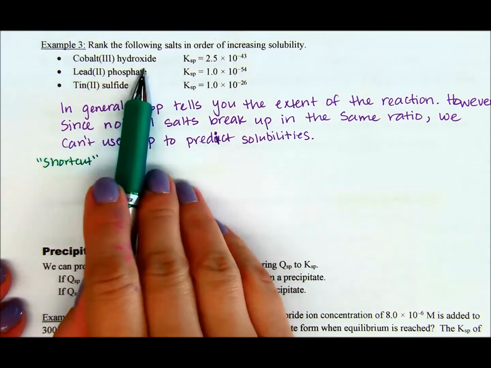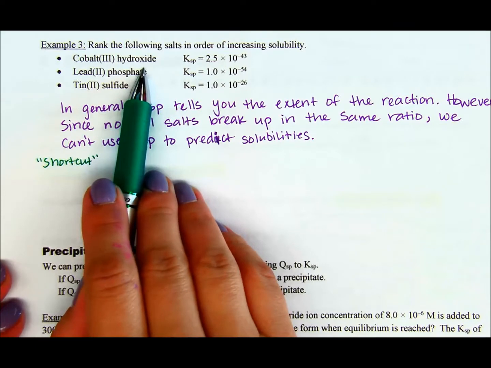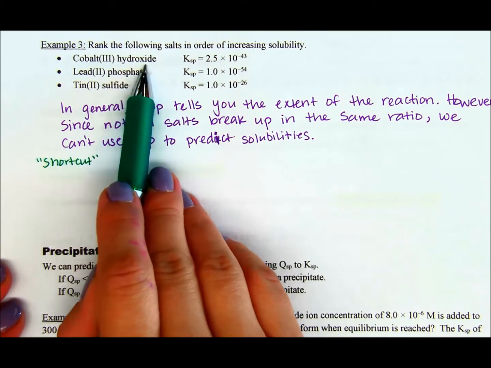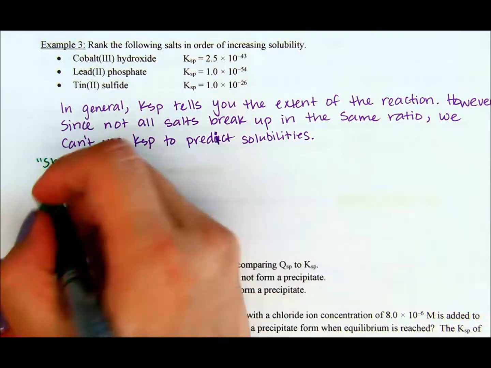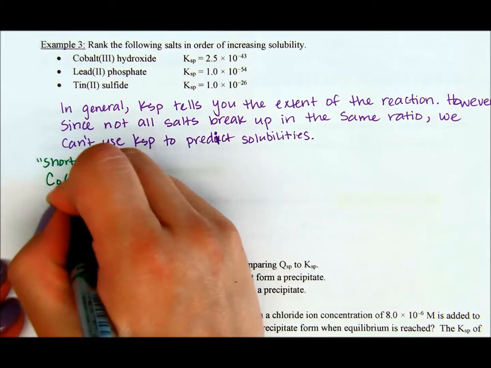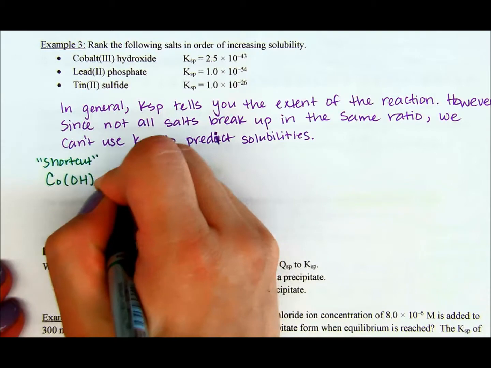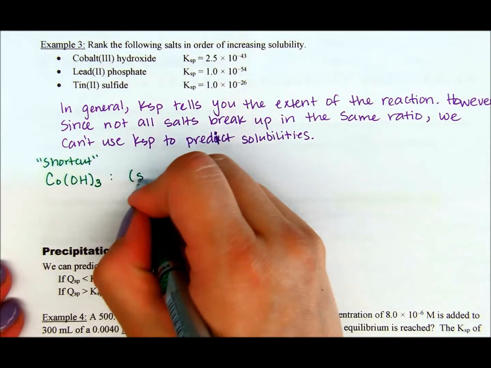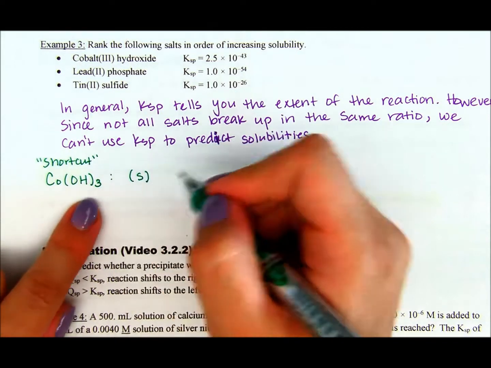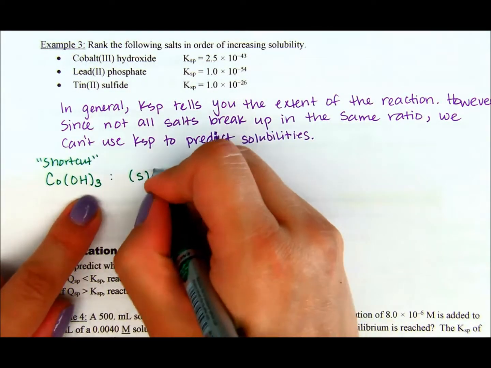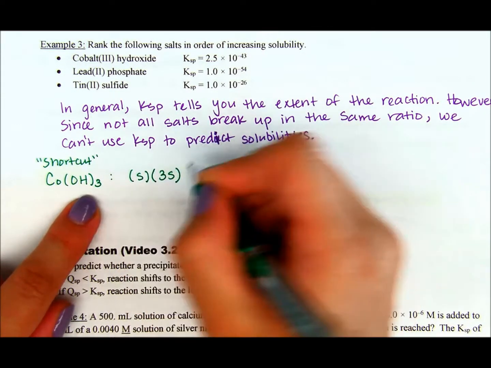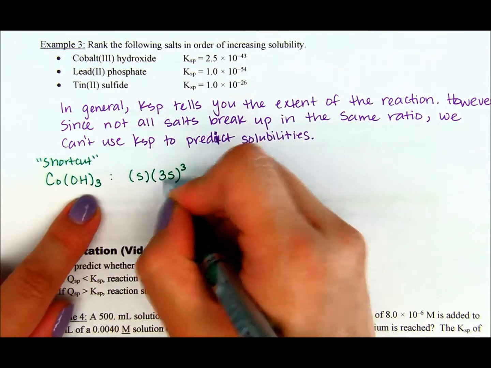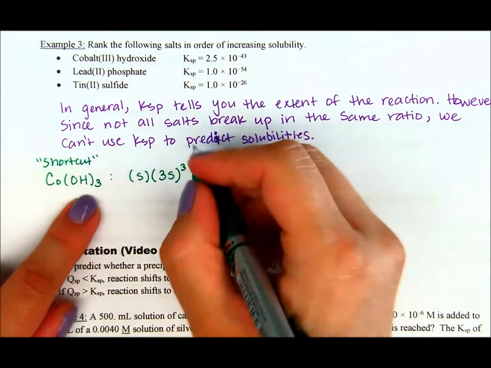Okay, so the first one, cobalt 3 hydroxide. That means cobalt 3 plus and hydroxide is OH minus, so you're going to have three hydroxides and 1 cobalt. So Co(OH)3. The cobalt, there's just one of those, so that's just going to be S. And for OH, there are 3 of them, so you're going to have 3S, and that's going to be cubed, because remember, those numbers are going to match.